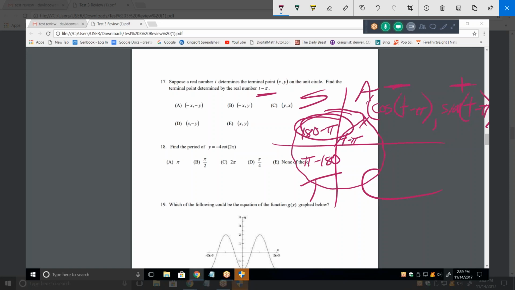Which means if it doesn't say positive, they're negative there. A means all are positive in the first. Well, we know we're in the second quadrant because of that. T minus pi is the way you kind of define the second quadrant, I think. I don't know, that's a puzzling question. But that to me means the cosine has to be negative, the sine has to be positive. That is the only answer that answers that.